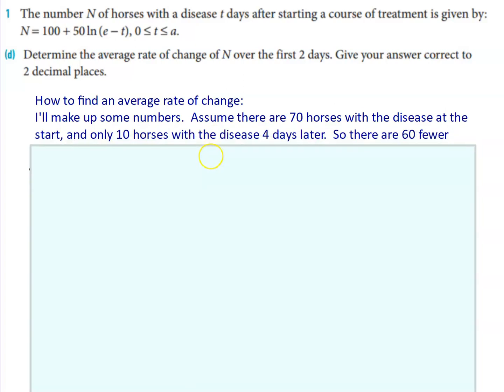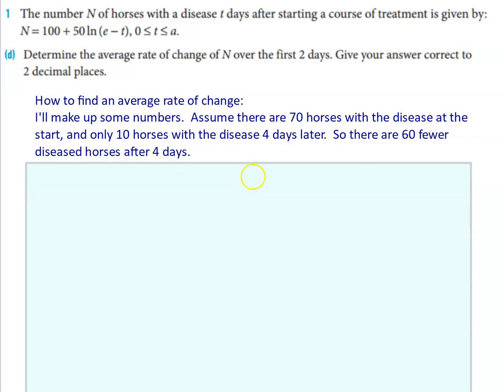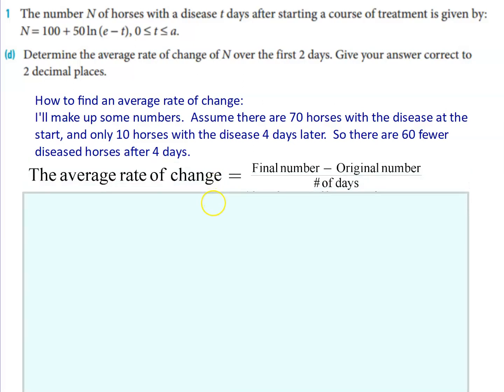Okay, so I'm going to make up some numbers. I'm going to assume that there are 70 horses with the disease at the start and only 10 horses with the disease 4 days later. So there are 60 fewer diseased horses after 4 days. So on average, all we have to do is say the final number, which is 10, minus the original number, which is 70.